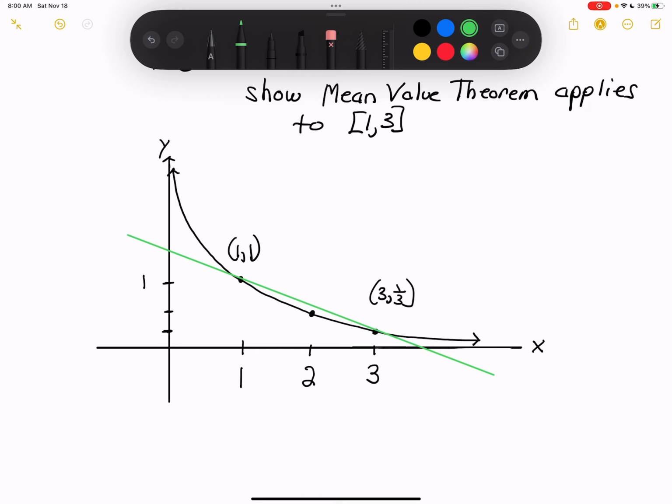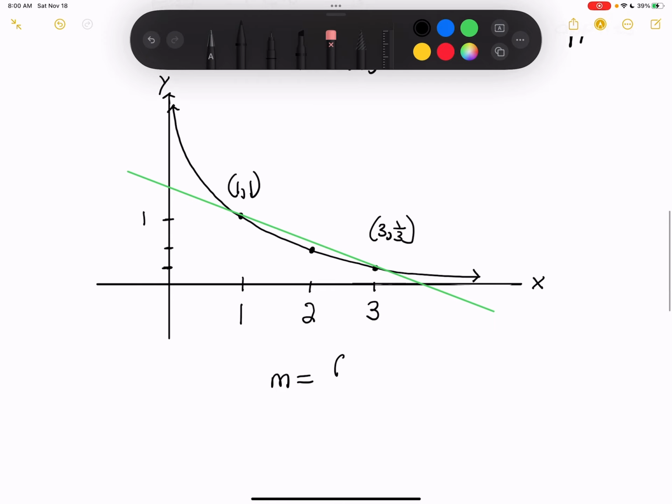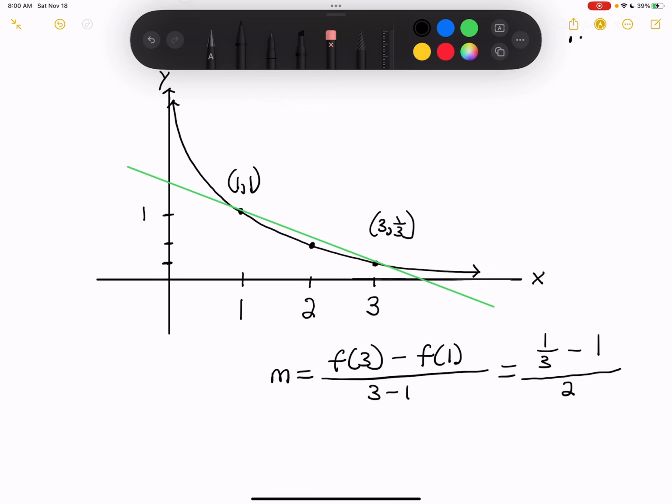And I'm going to find the slope of this secant line. So let's do that. The slope of this line, we'll call m, is f of 3 minus f of 1 over 3 minus 1. Well, f of 3 we know is 1/3, and f of 1 is 1 over 1, which is 1.